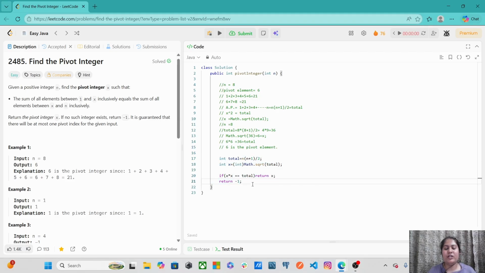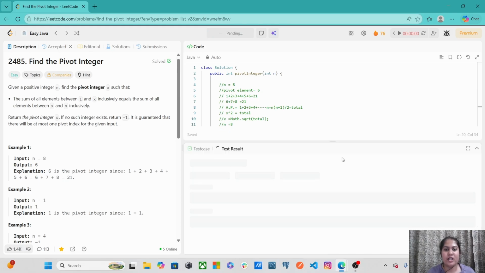We are calculating the total using the arithmetic progression formula, n into n plus 1 divided by 2. Then we are calculating x, the pivot integer, as the square root of total. Now we are checking whether x is the pivot integer or not. We'll calculate the square of x and check whether it is equal to total. If it is equal to total, then we'll return the pivot integer as x. Otherwise, we'll return minus 1.